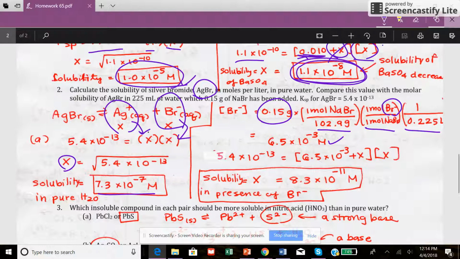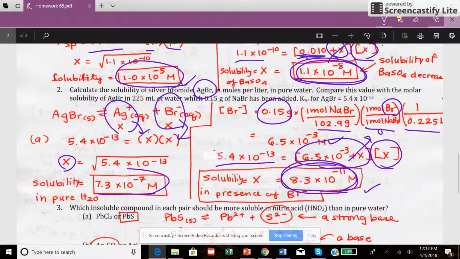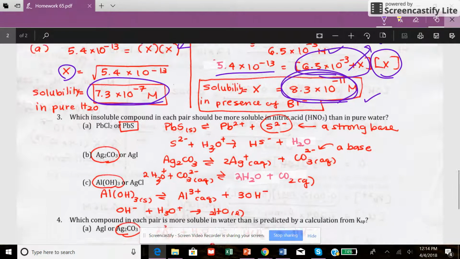Now this is the Ksp, this is the concentration of bromide ion at equilibrium, and this is silver. Solve for X, which approaches 0. The X that I have is 8.3 times 10 to the negative 11. You see, this value is much smaller than the other value simply because of the common ion that's already there.